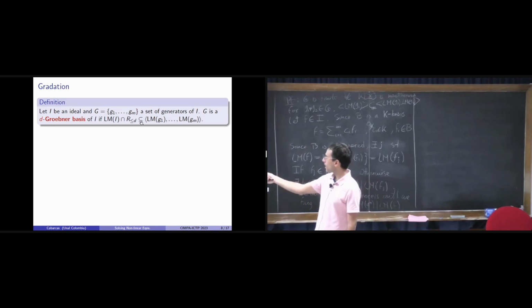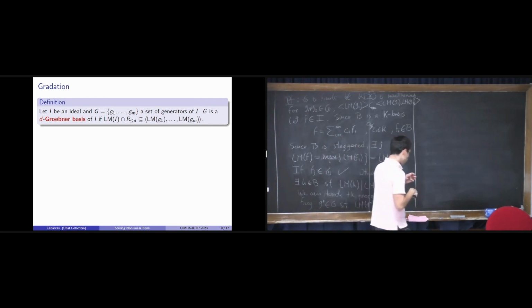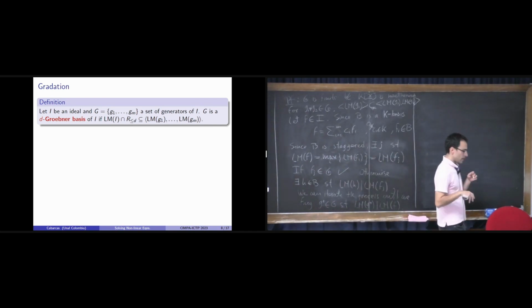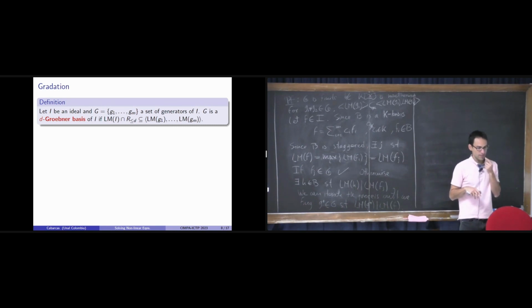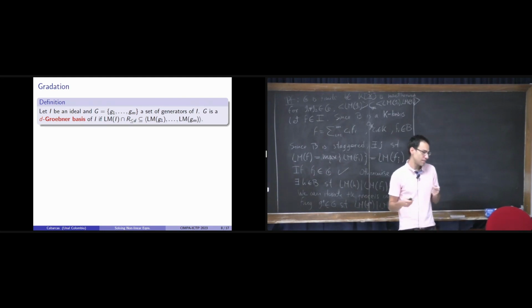What I mean here by R less or equal to D is the polynomial ring, but only looking at the polynomials of degree less or equal to D. So the polynomial ring can be seen as a graded ring. We can consider pieces and they are disjoint.